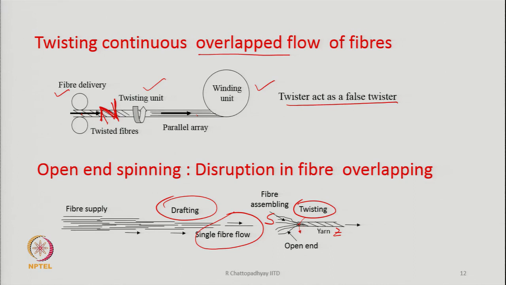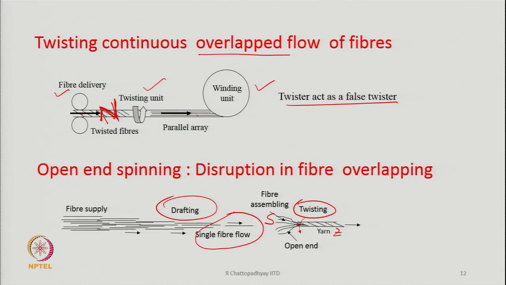So the torque which the left hand side of the fiber is receiving is actually getting released, because it is free to rotate, and therefore we will not find any twist on the left hand side of the twisting point, because the fibers will be trying to freely rotate and release the twist, whereas on the right hand side the fiber bundle will be twisted in Z direction.